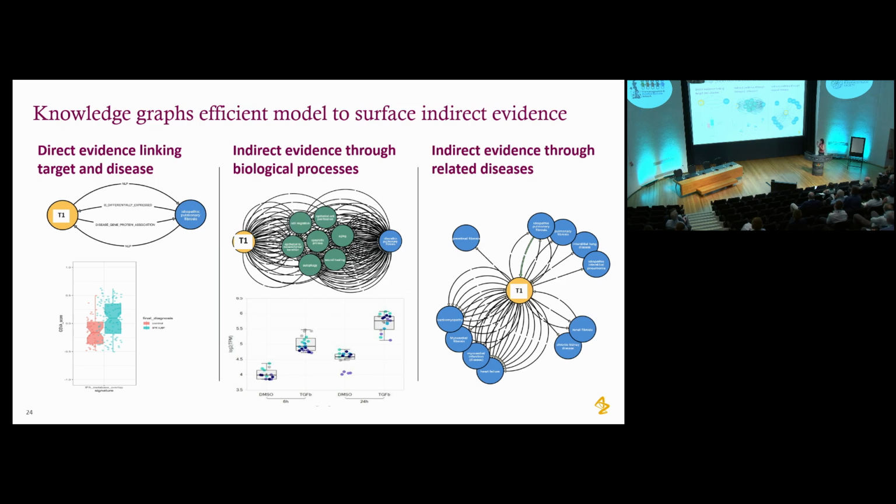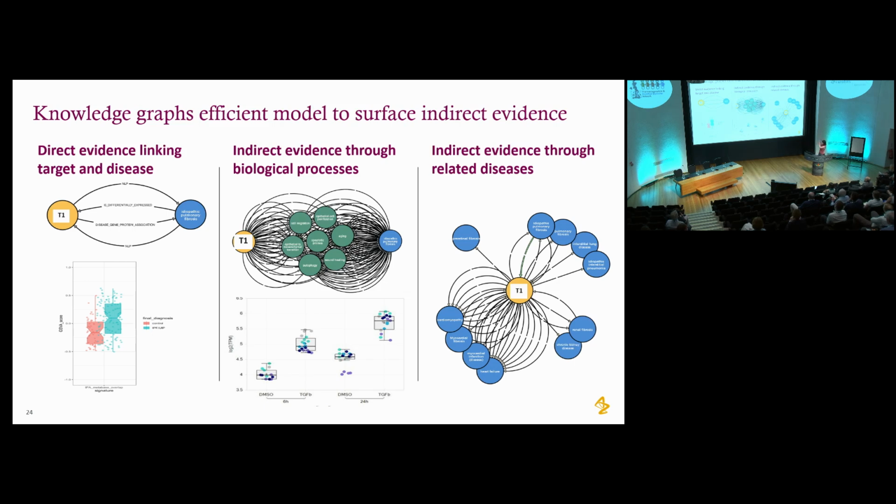And here we show an example of target 1. It's clear from the picture on the left that there's limited direct evidence linking this target to the indication. So this target would never have been picked up by the more traditional measures like gene expression or literature mining.